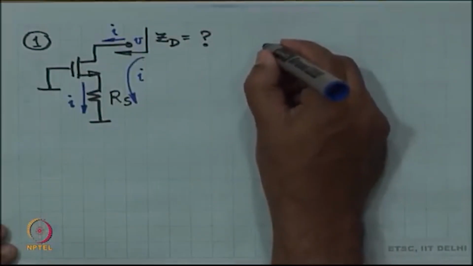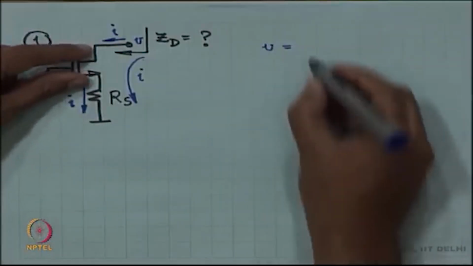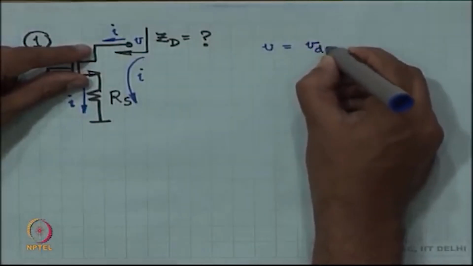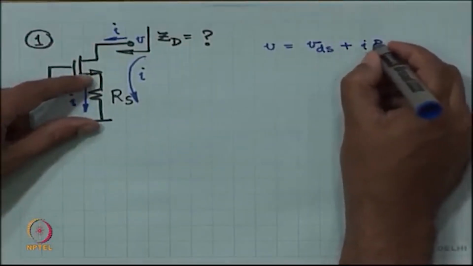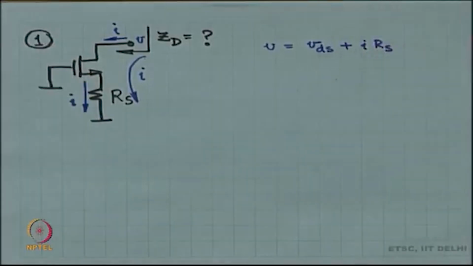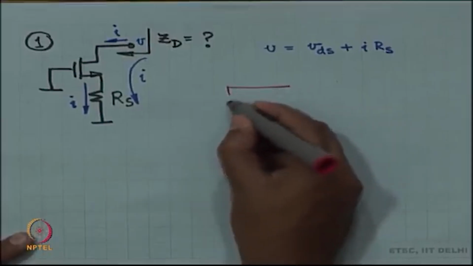So, V is equal to drain to source voltage plus I times RS. Okay. And now all I need to figure out is what is that drain to source voltage. For that, think of what is inside the MOSFET. This is what is there.